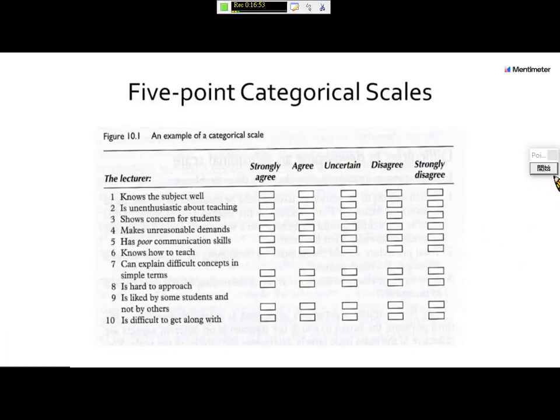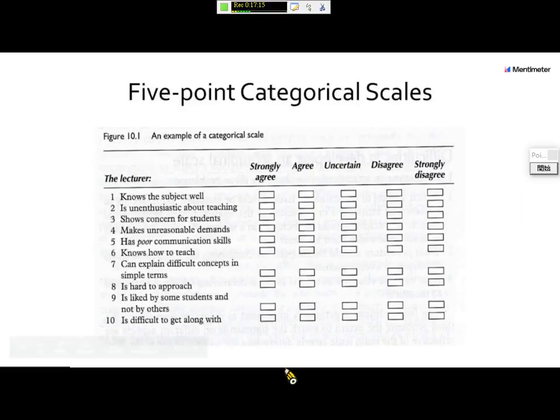This is a Likert scale style. Basically, when we talk about Likert scale, there are some preconditions for this. Basically, the answers for each item should be in odd number, 5 or 7.